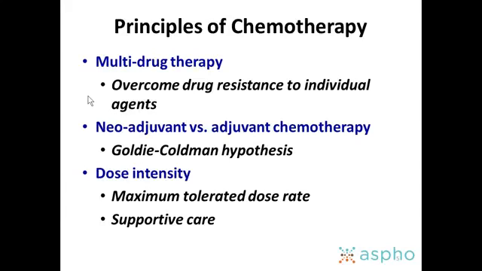And the other way is to actually interval compress chemotherapy, and let's give it more closely. And most of our information on dose intensity and its efficacy in the management of cancer really comes from breast cancer trials. But we have our own experience in pediatric oncology, first starting with leukemia trials, both in ALL and AML.